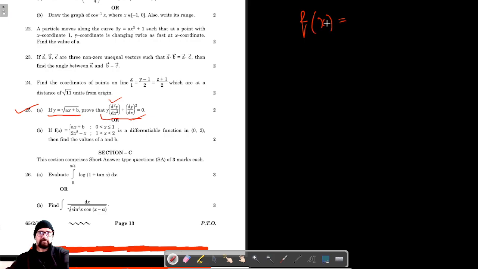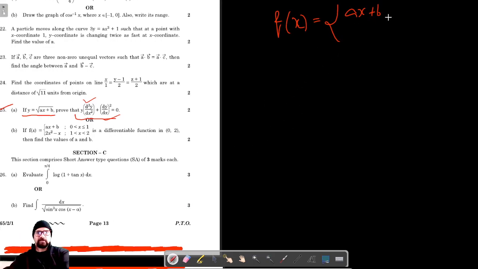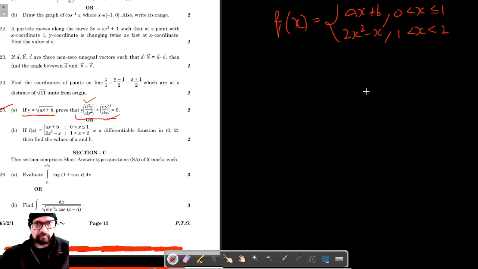The function f of x is equal to ax plus b when x is greater than 0 but less than or equal to 1, and 2x square minus x when x is greater than 1 but less than 2. Now the function is differentiable in 0 to 2, so that means it's also continuous in 0 to 2.